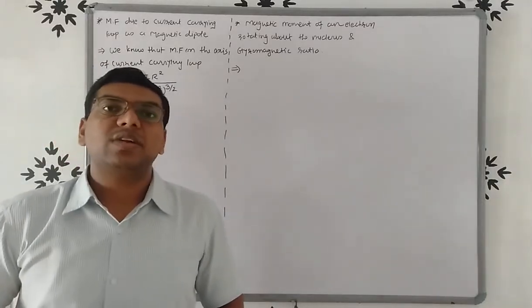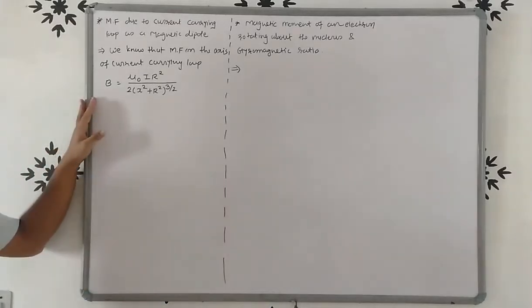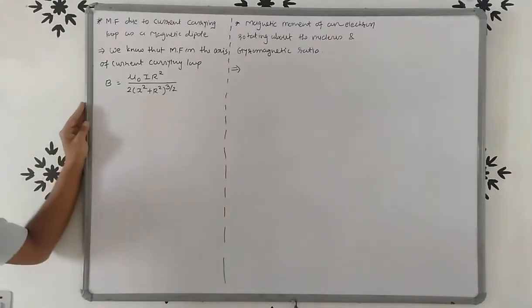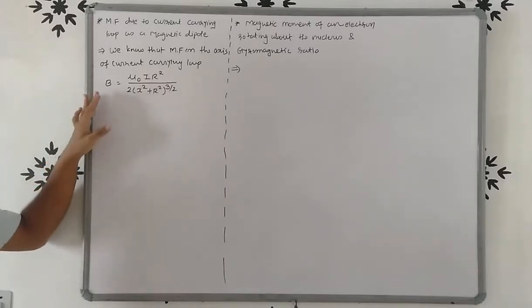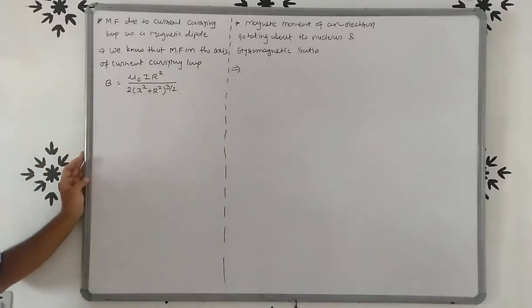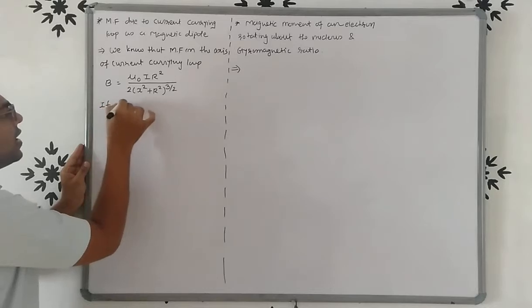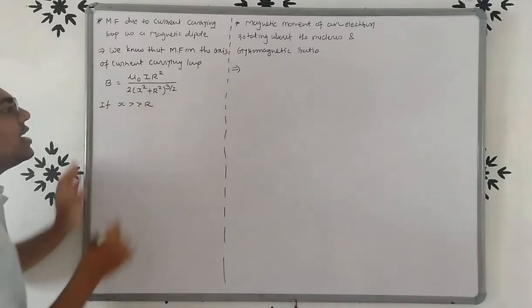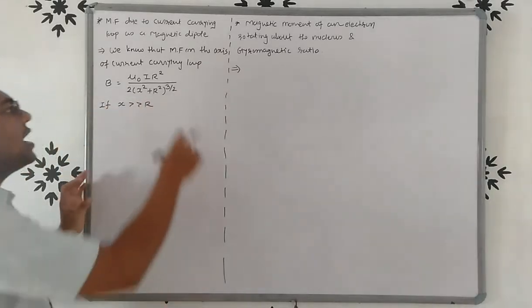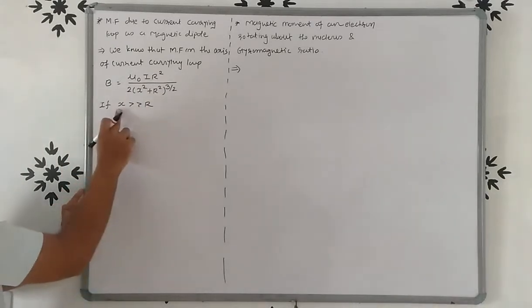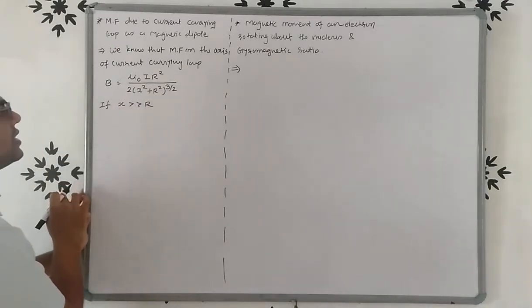And we also derived this formula of magnetic field on the axis of the current carrying loop. So B is equal to mu 0 I r square upon 2 into (x square plus r square) raised to 3 by 2. But if x is much greater than r, we have to neglect r with respect to x.